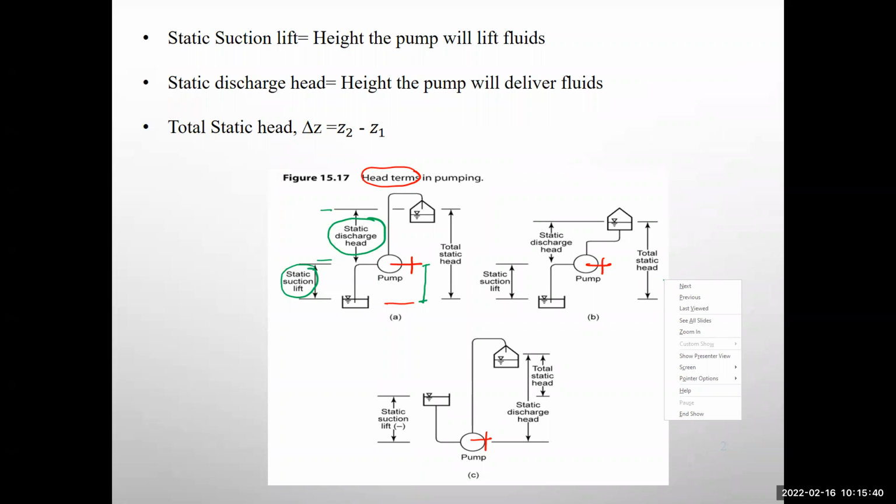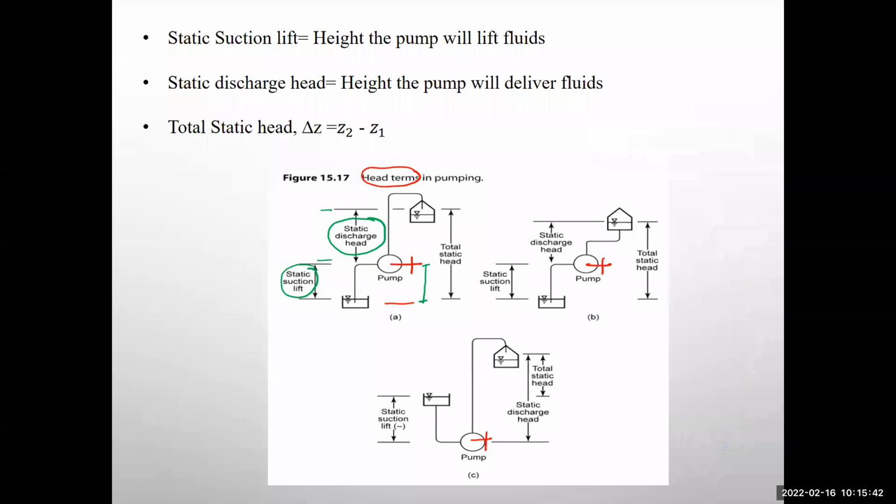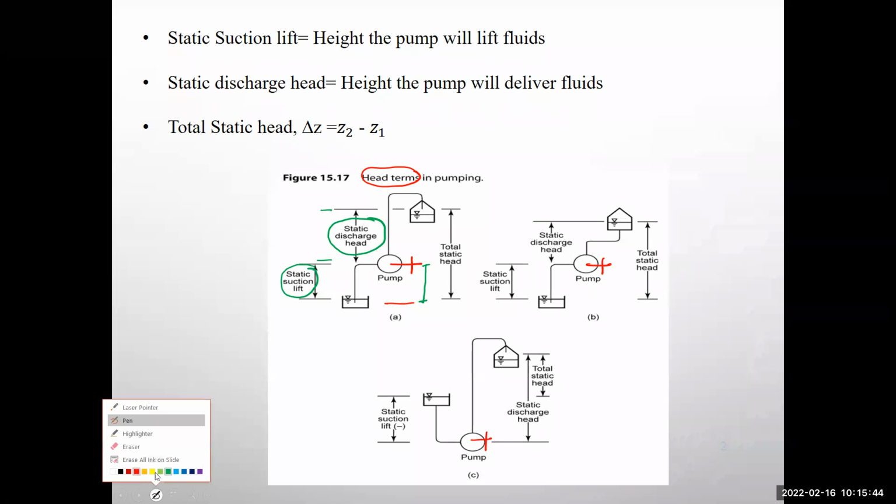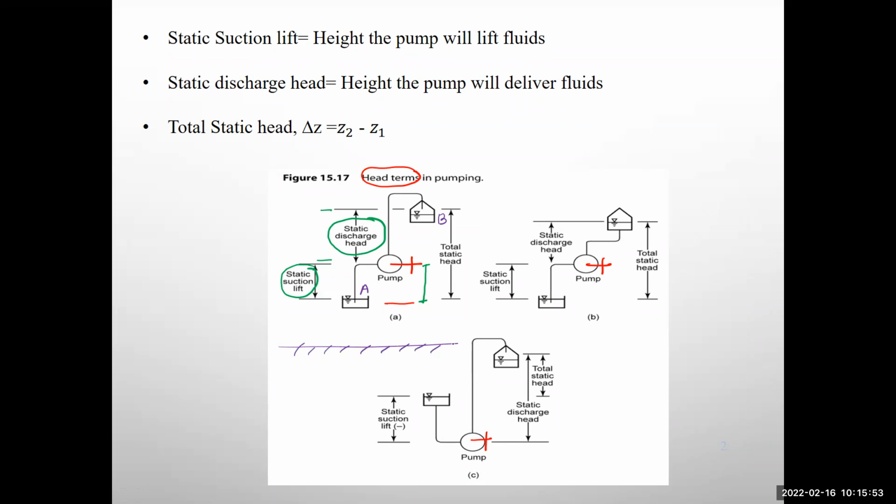Okay. Now the very final one, the total distance between these 2 points. Suppose this one is A and this one is B, and if you have a datum, that is ZA, we know that, right? And from this point, that is ZB.